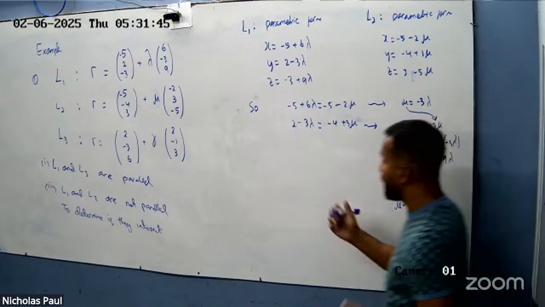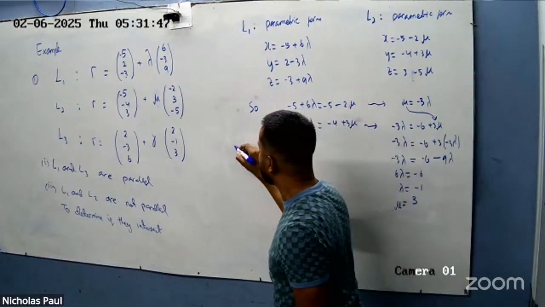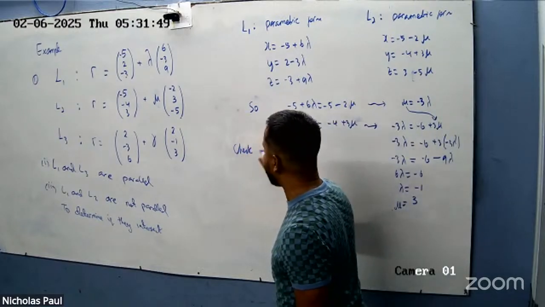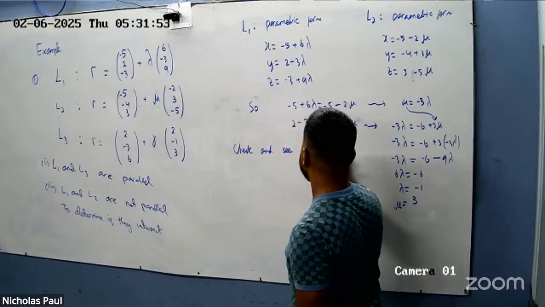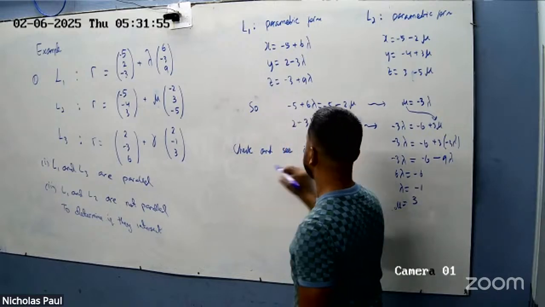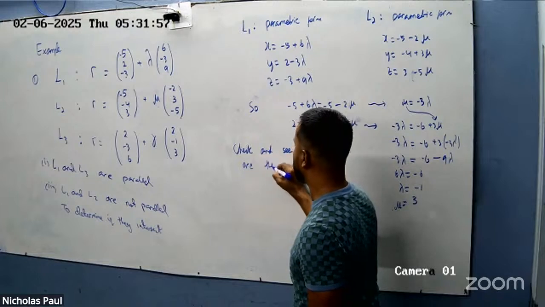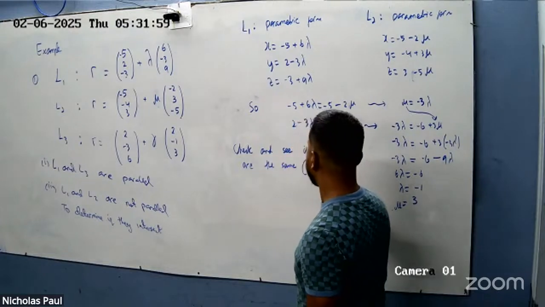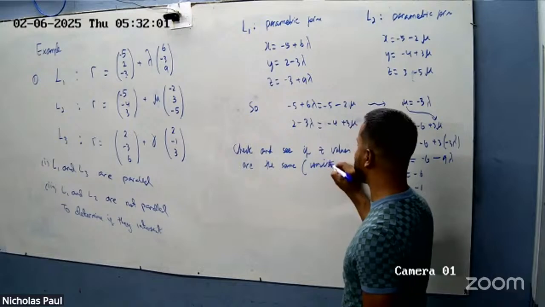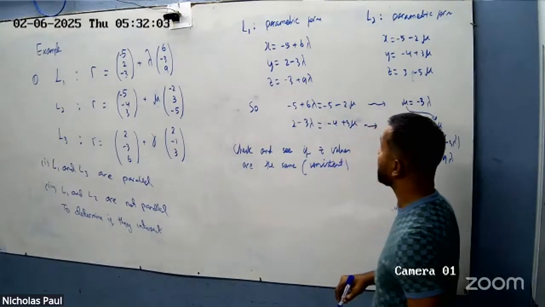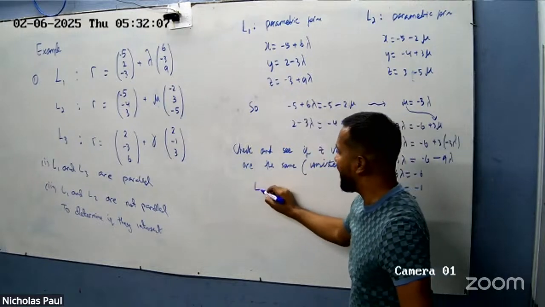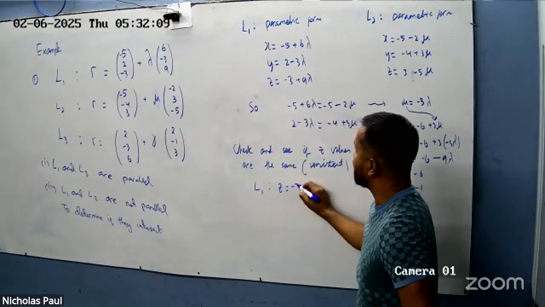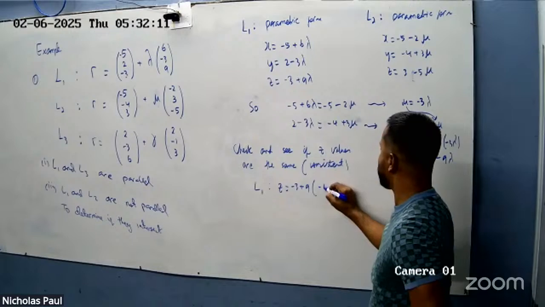Now I'm going to check and see if Z values are the same. So I'm going to check and see if it's consistent or not. Right? So I'm going to put minus 1 in here. So for L1, Z is equal to minus 3 plus 9 by minus 1.